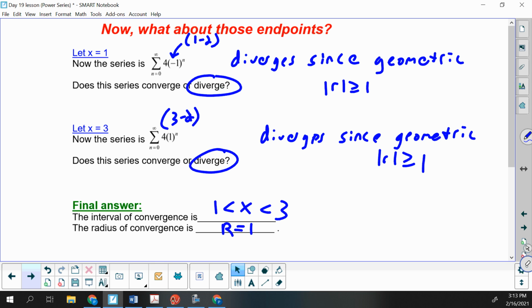If we had gotten x equals 1 to converge, but then x equals 3 didn't, we would have had something like this. If the 3 had also converged, then that would have an equal to. So when you check your endpoints, you're just deciding if you should include those values or not. And again, you're just subbing those into the original series and then doing any of our tests that we've done so far to see if they converge or diverge at those endpoints.